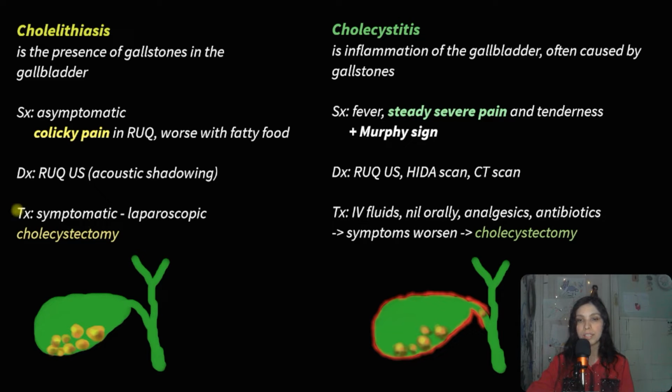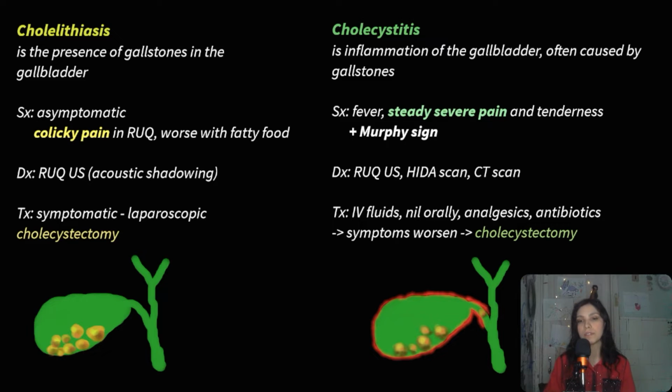Okay, next condition is cholecystitis, and it's like a consequence of the previous condition. It's an inflammation of the gallbladder, and it's usually caused by gallstones. What bacteria will cause it? It's due to E. coli, Klebsiella species, and Enterococcus faecalis.